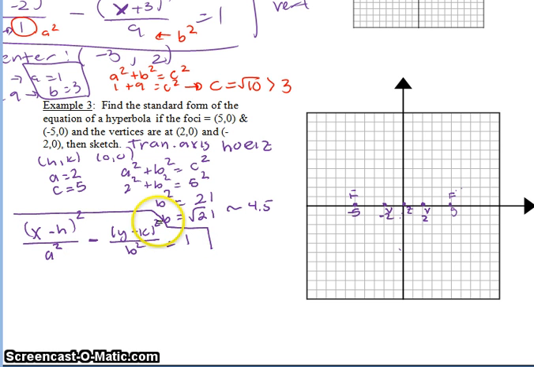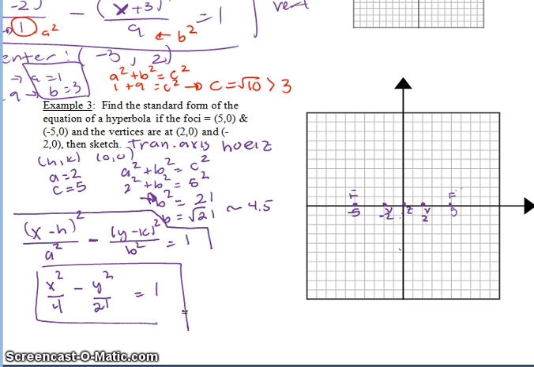I have to plug in my h, k, which is 0, 0. So I have x squared over a squared, a is 2, a squared is 4, minus y squared over b squared, b squared is 21. So this is the standard form. So what I have to do is sketch, which means graph it how we've been graphing it.